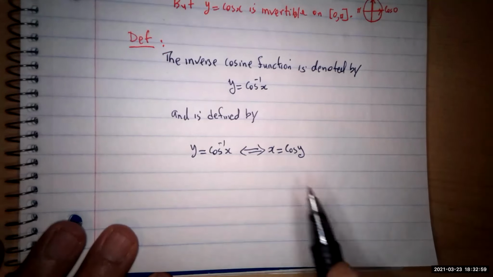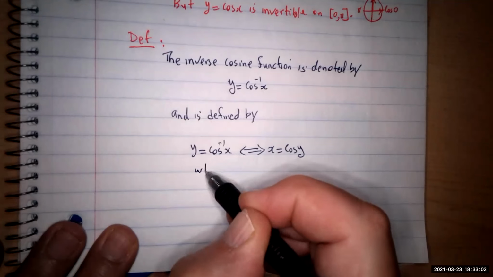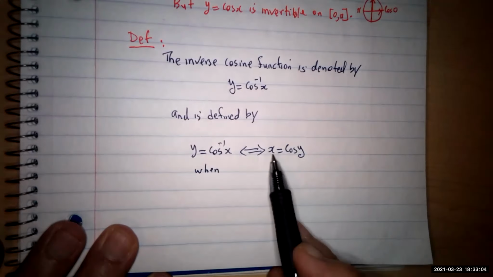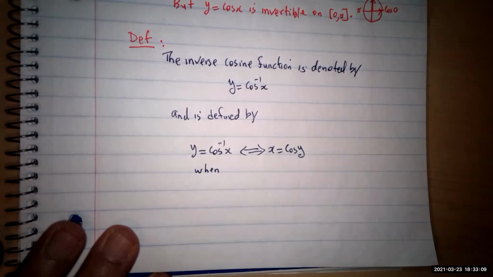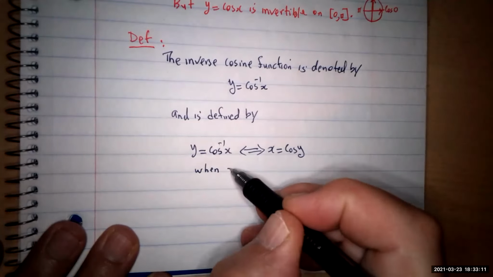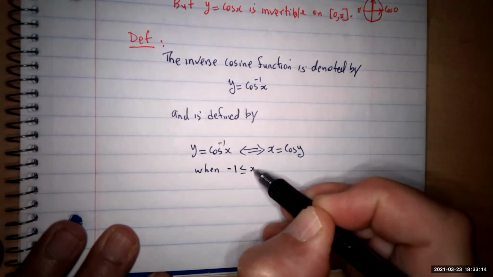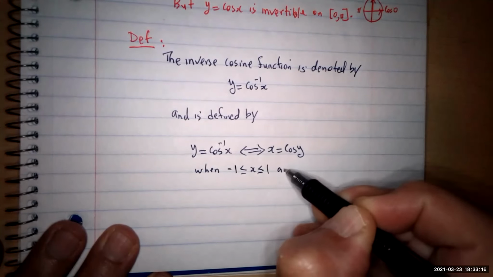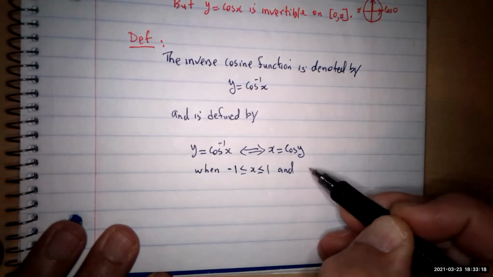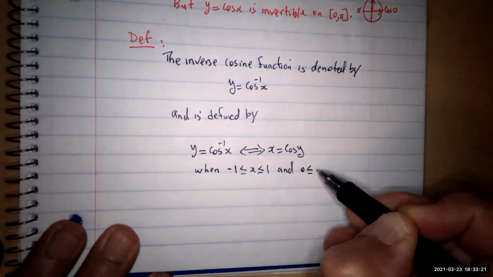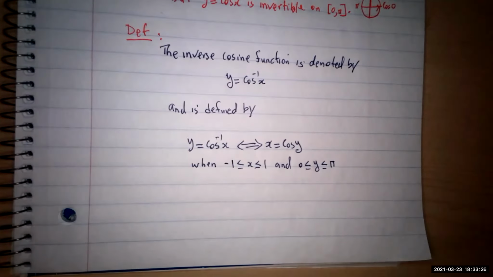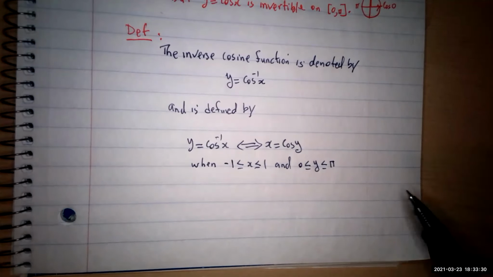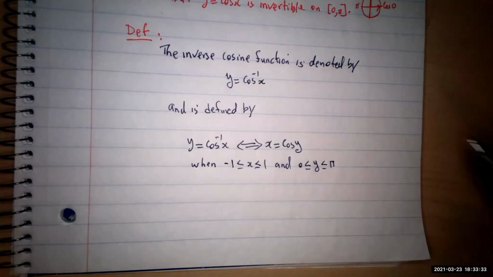So your restriction is when this x, the result, is in the range of the cosine, so x is between -1 and 1. But the y that we use must be between 0 and pi. If y is between 0 and pi, then your function is defined.